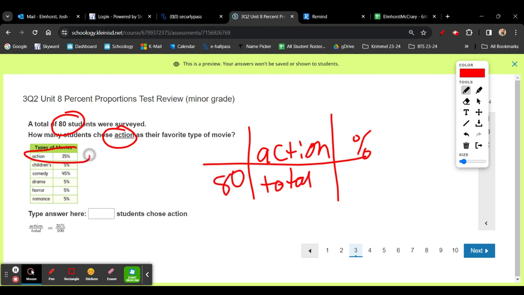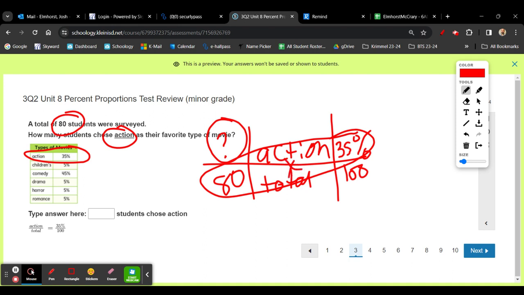And then we look in the chart here, it says 35%. How many students chose action? So question mark. You're looking for how many out of 80. So you can cross multiply and divide by 100, and that will give you your solve.